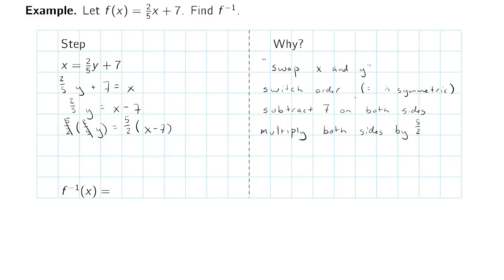And the 5/2 times 2/5 cancels out. And so I'm just left with y equals, and then on the right, we need to distribute 5/2 x minus 5/2 times 7 is 35/2. And so again, going back to function notation, f inverse is 5/2 x minus 35/2.